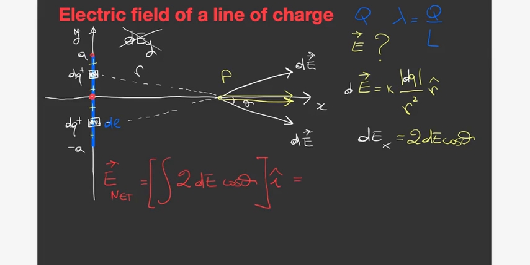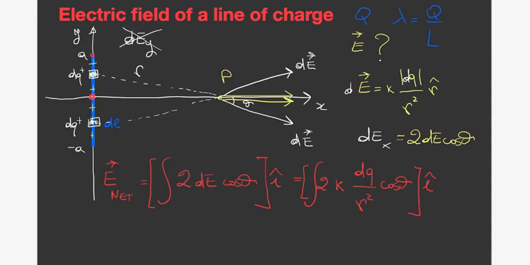Now let's substitute, instead of dE, my dE from the formula. I will have the integral of 2 times k, then I have dq, divided by r squared, I have cosine theta, and my r hat is simply the vector i along the x direction.